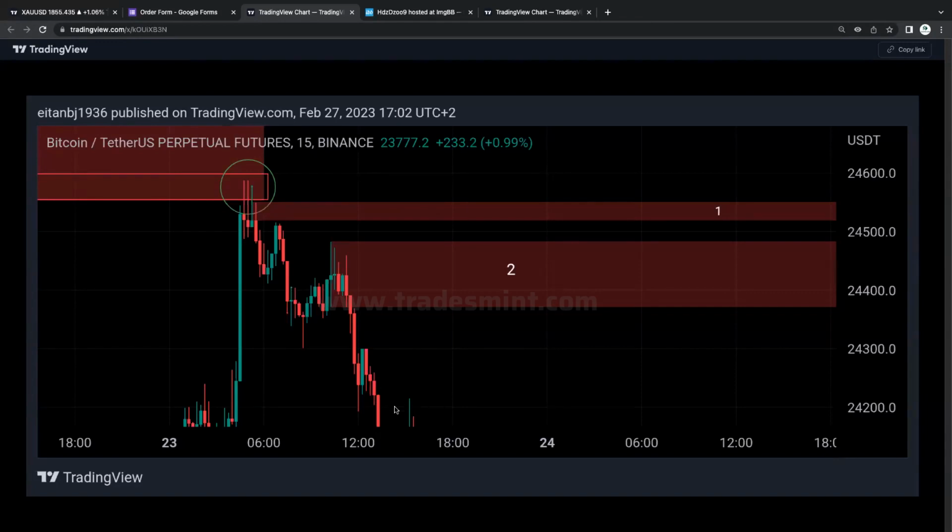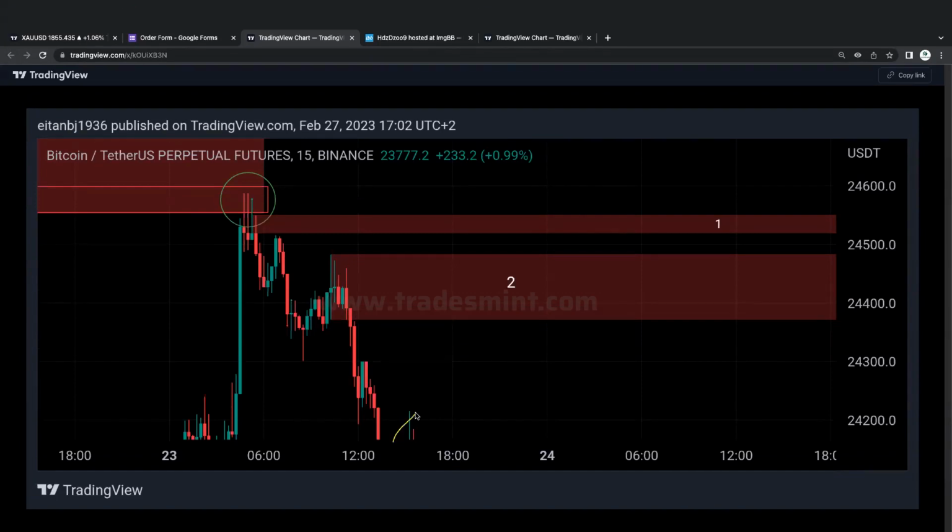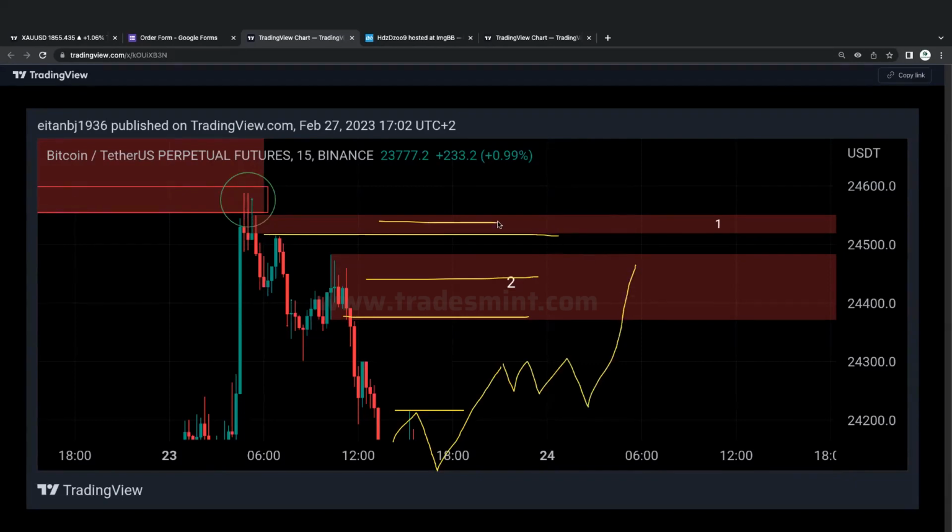For example, if there is any inducement here, right here, for example, then we can use the second POI, right? And also we can use the first POI, but as the extreme. But before marking this POI, you have to check the candlestick formation here. Then we can consider whether this one is valid or not, right?